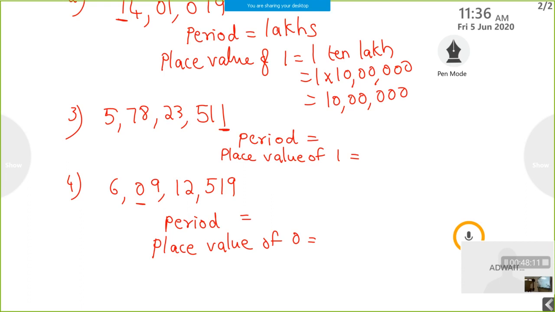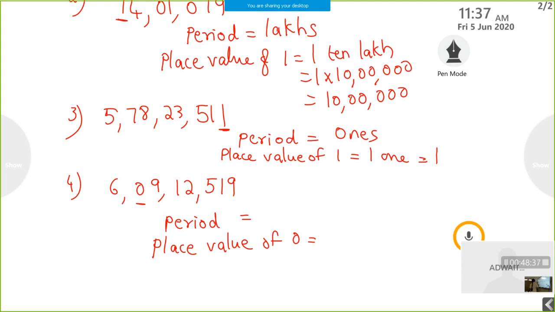For question number 3, this 1 belongs to which period? It belongs to ones period. And what is the place value of 1? Because that belongs to ones place and the value in that ones place is also 1, it is 1 into 1 is equal to 1. Then next one is 0.